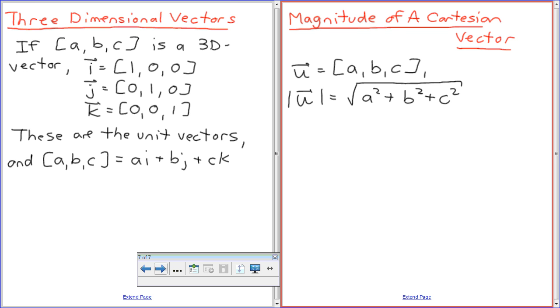So the same way that we dealt with the distance of two-dimensional vectors, it's just the same thing, and that gets thrown in there as well.